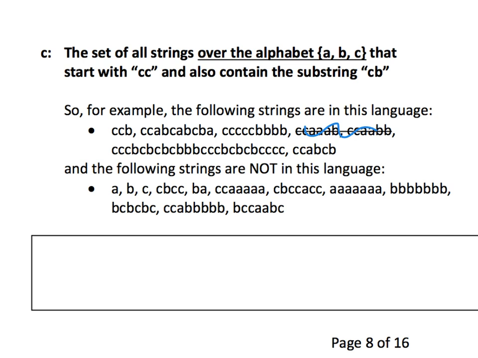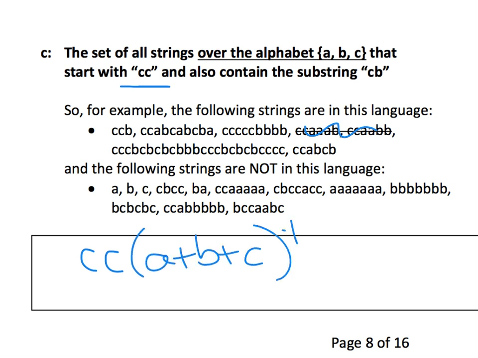So let's see, what I kind of expected people to do with this is to do it sort of the way we did the previous one, which is it starts with a CC, right? And then after that, it could have anything. So A plus B plus C, quantity starred.